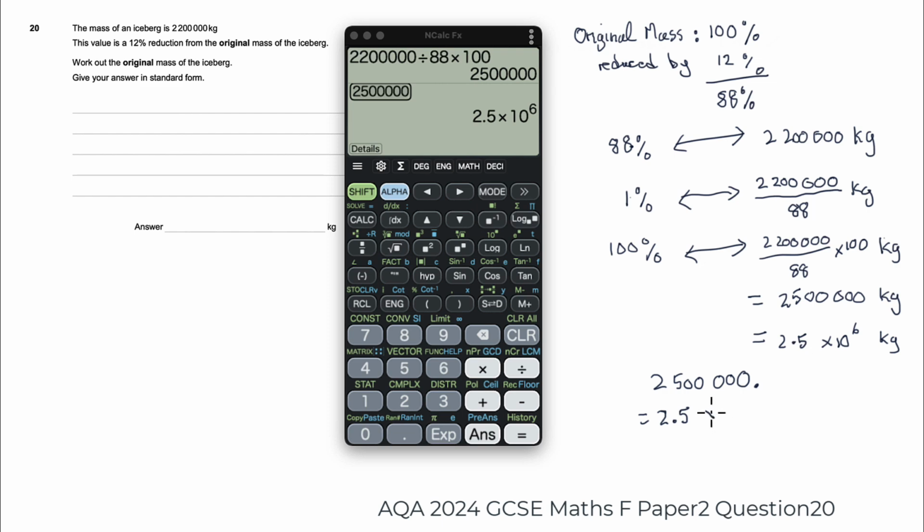And basically what this times 10 to the power does, this number 6 tells you how many places to move that decimal point back, 1, 2, 3, 4, 5, to get to where it was. So that's really 10 to the power 6, 6 tens multiplied together, that gives you 1,000,000. If you're multiplying 2.5 by 1,000,000, you get 2,500,000. But this is now called standard form.